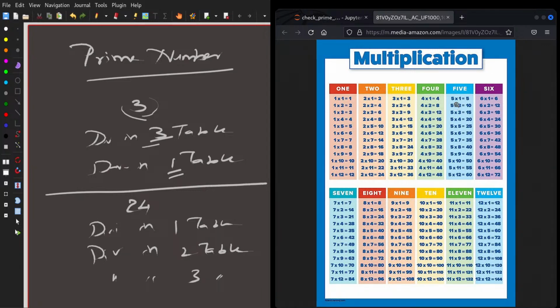In case of 99, will you keep checking 2 table, 3 table, 4 table, 5 table, 6 table, etc. till the 99th table? We cannot do that. So in this small example, as n is 4, we need not check 2, 3, and 4.